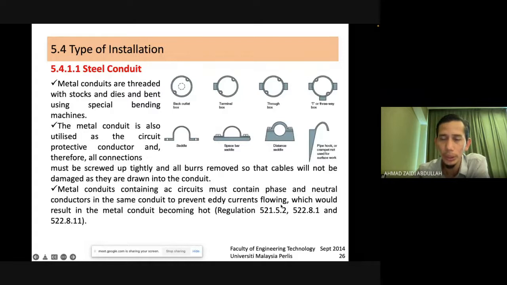Because if we just put the phase cable, the eddy current will combine and be bigger, and when we have a lot of eddy current, then there is another issue, which is the conduit will become hotter, and because this is steel, okay, when hot, the cable insulation cannot stand for a longer time.